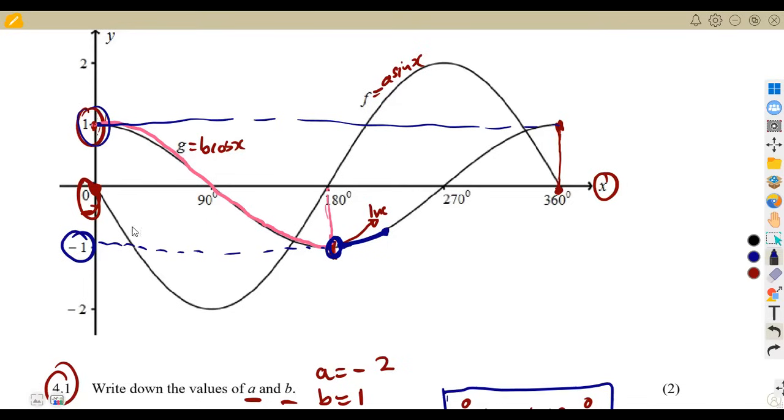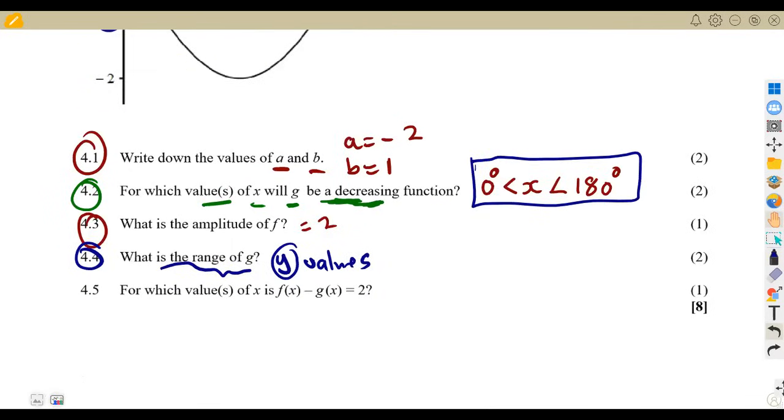It cannot exceed these two points, -1 or +1. So Y can be written as greater than or equal to -1, but less than or equal to 1, or you can just write this as Y is an element of values from -1 up to +1. So that is what you're going to have.